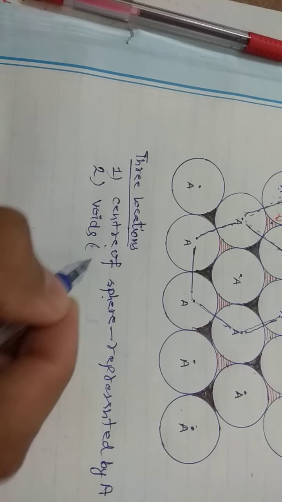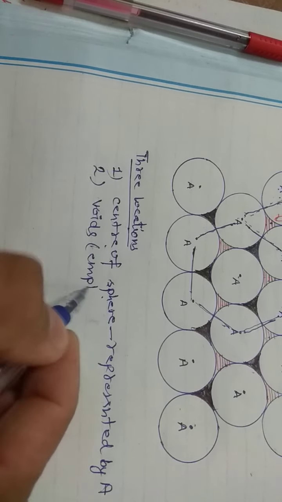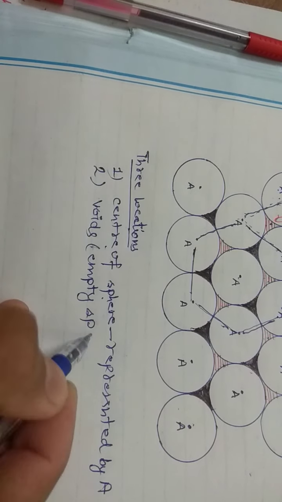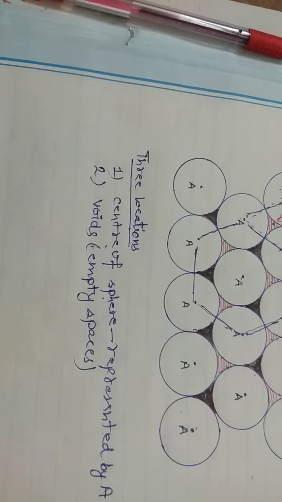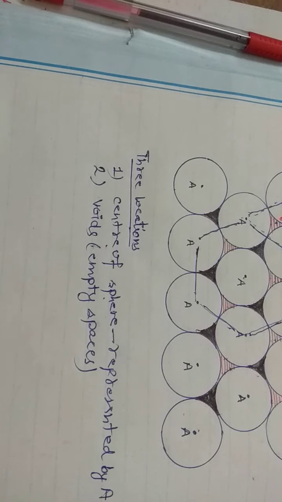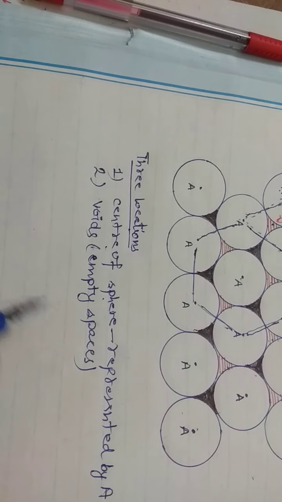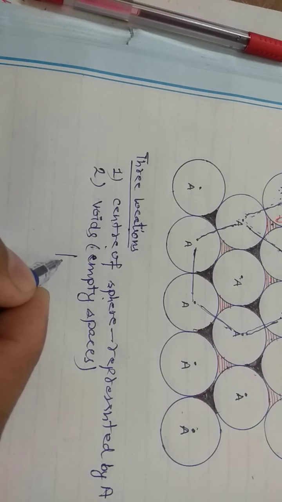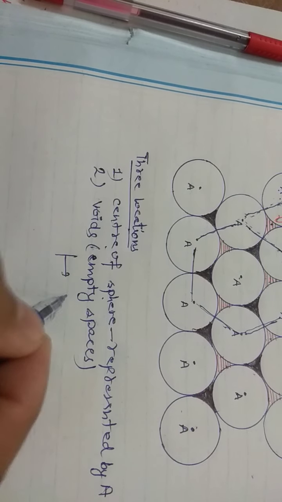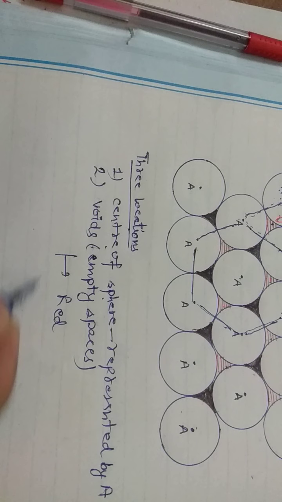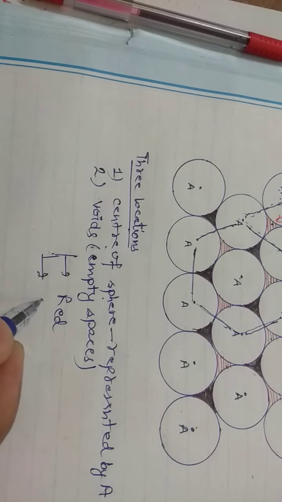And what are voids? Class, voids are empty spaces. Okay class, so these are equivalent, but I am representing them by red color, okay, and black color.